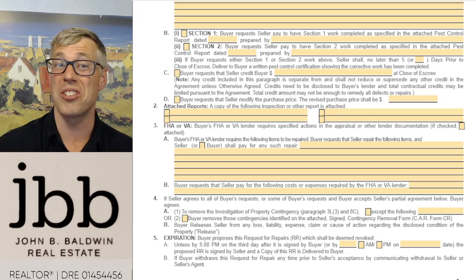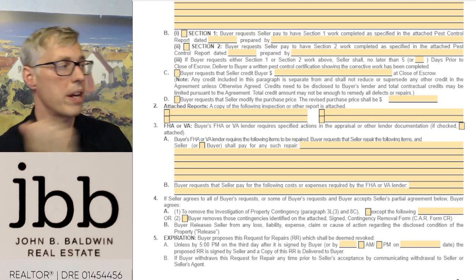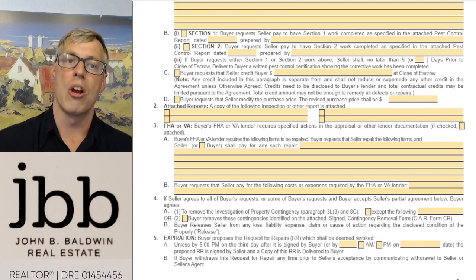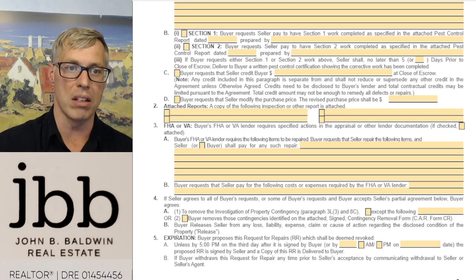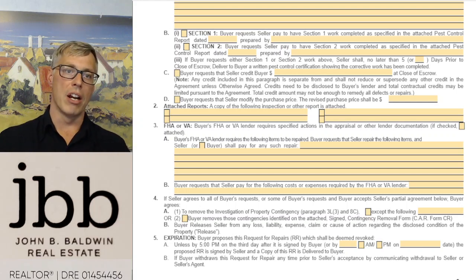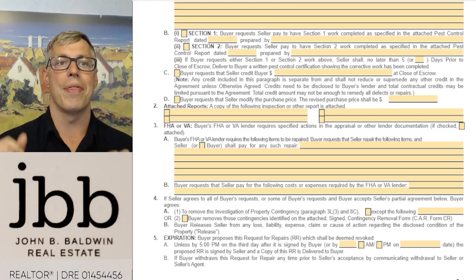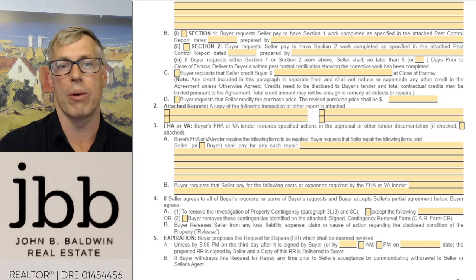Sometimes the seller, especially in today's market, the seller's like, look, walk. I got 20 other buyers lined up. So we got to know the psychology of the market, the psychology of the seller. There are lots of little things that you need to talk to me about, and we can discuss what the best strategy and tactics are for a repair request.